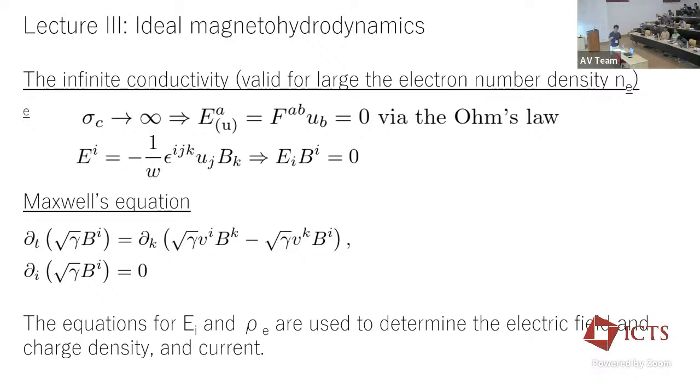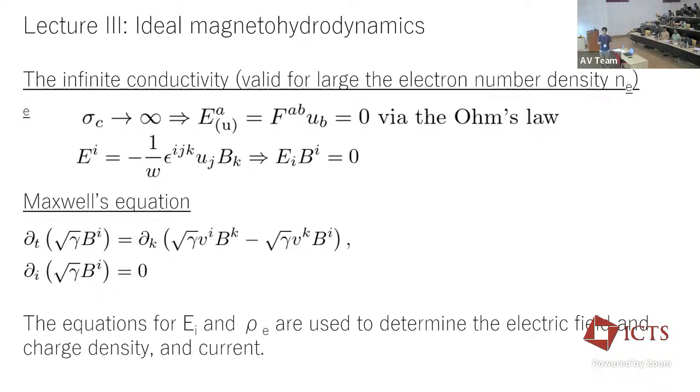The other equations for the electromagnetic field and charge current determine the electric field and charge density. These quantities are not dynamical, so we don't have to evolve the electric field and the charge current, because this system is closed by the induction equation itself, and the electric field is given by these equations.